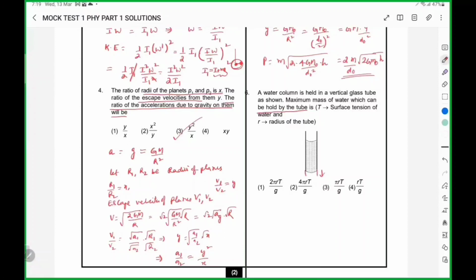But still it is like that in the capillary tube, means weight of liquid column is balanced by force due to surface tension.